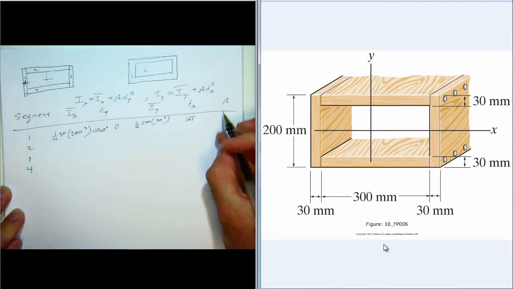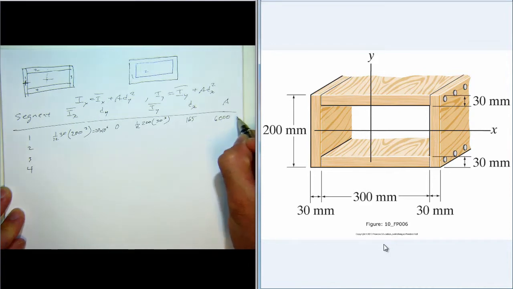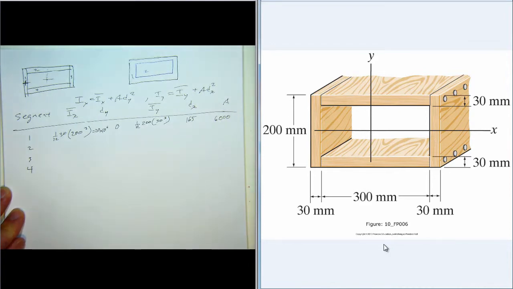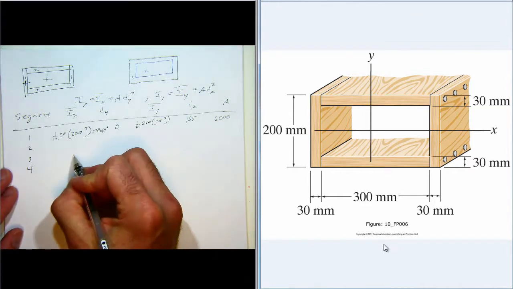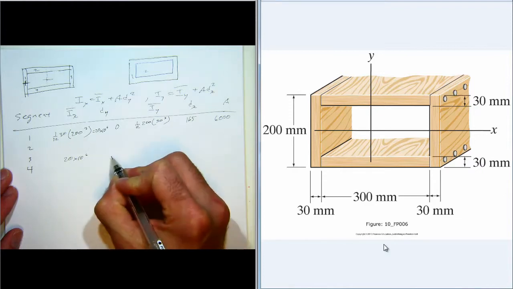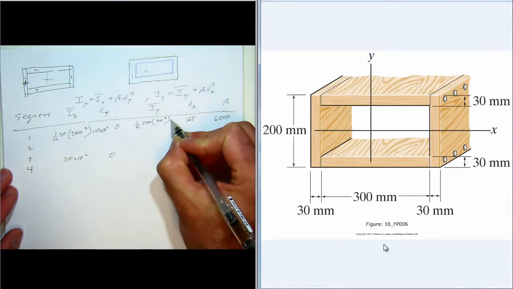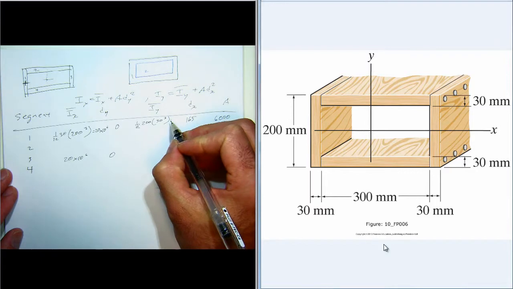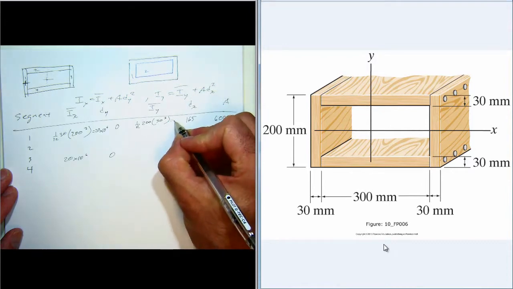And the area is 200 times 30, so 6,000 millimeters squared. And that'll be the same for segment 3. This is 450,000.